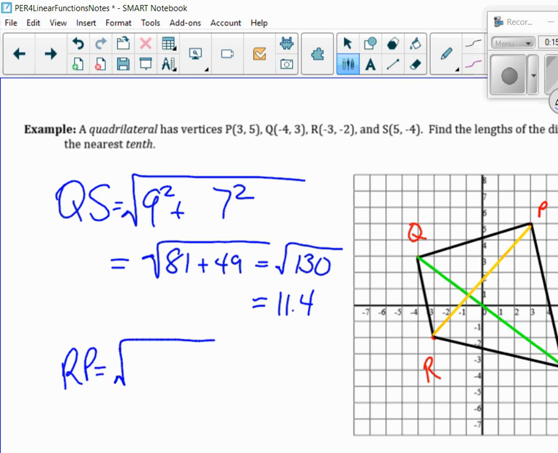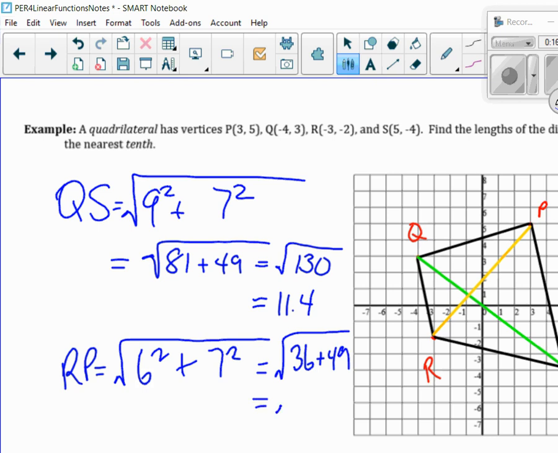Okay, so now we're going to do RP. So I'm going to give you a second to do that one. Okay, so the distance between R and P, so that would be the distance between 3 and 3 makes 6 squared, and the distance between negative 2 and 5 would be 7 squared. So that would be the square root of 36 plus 49.